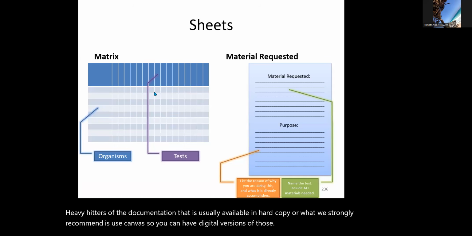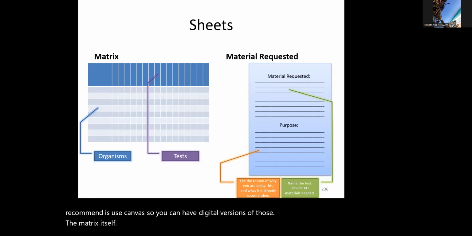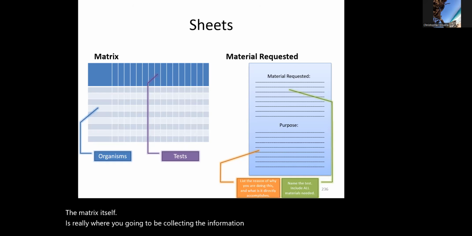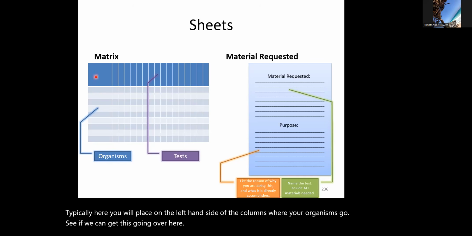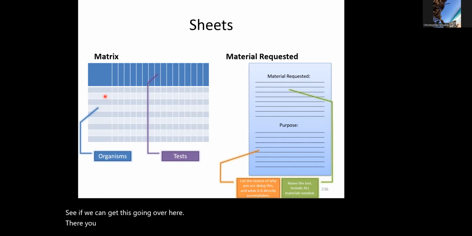Now, the matrix itself is really where you're going to be collecting the information from the bug list. Typically here, you will place on the left-hand side of the columns where your organisms go. See if we can get this going over here. There you go. So your possibilities should be listed here. I also encourage you to write these down alphabetically by the genus, by the genera, right?